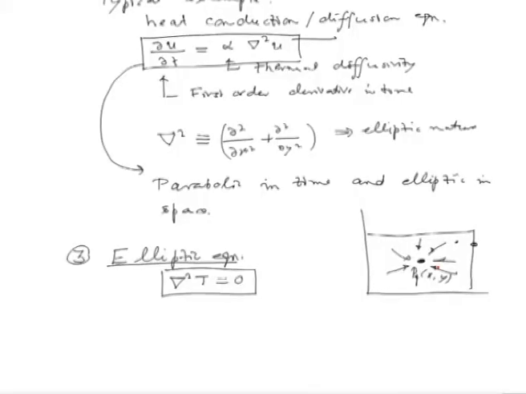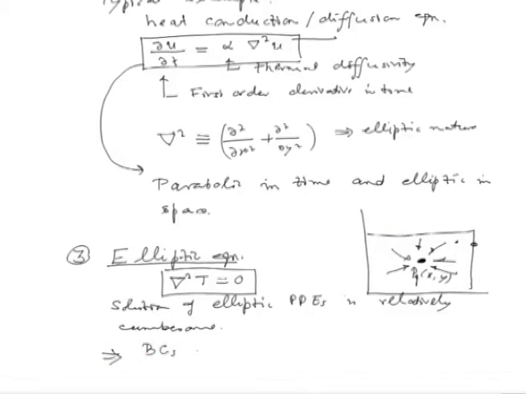Now that introduces some complications, since a disturbance at one point affects the solution everywhere. The solution of elliptic PDEs is relatively cumbersome, and in this case BCs must be specified along all the boundaries.